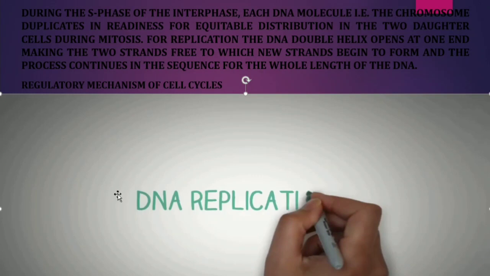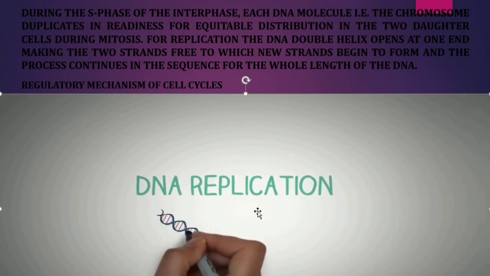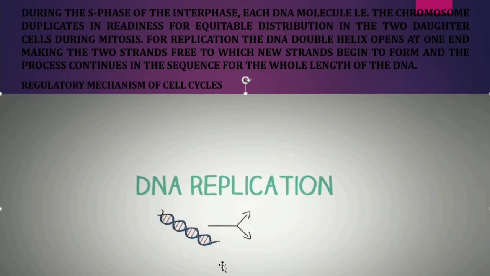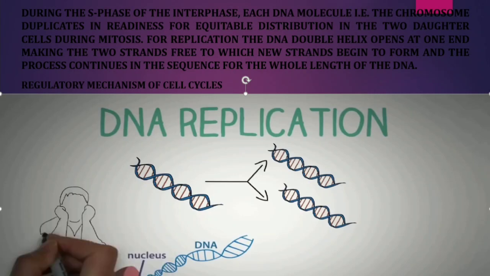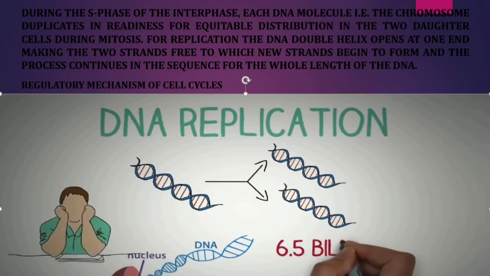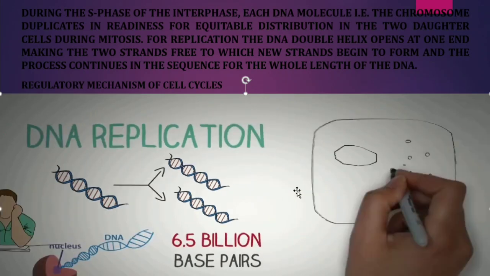Now you can see this DNA replication. This is the DNA structure. It's getting replicated into two. This will happen during cell division, and it is happening in the nucleus. In a human, 6.5 billion base pairs are present.